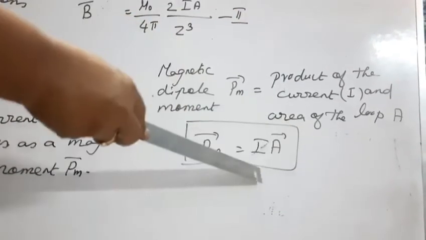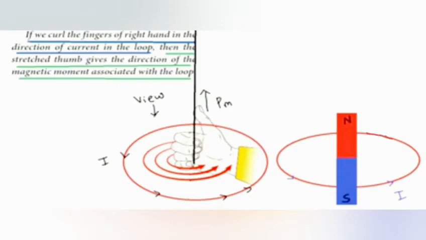And the next topic is the right hand thumb rule. This rule is used to calculate the direction of the magnetic moment. So what is known as the thumb rule? If we curl the fingers of the right hand in the direction of current in the loop, then the stretched thumb gives the direction of the magnetic moment associated with the loop.